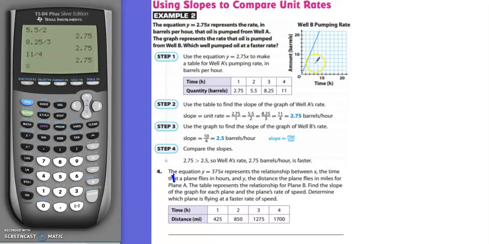So if we take a look at the ordered pair, this is going by 2s, 2, 4, 6, 8, 10. So I could have 4, 10. We have another ordered pair right here, which is 8, 20.